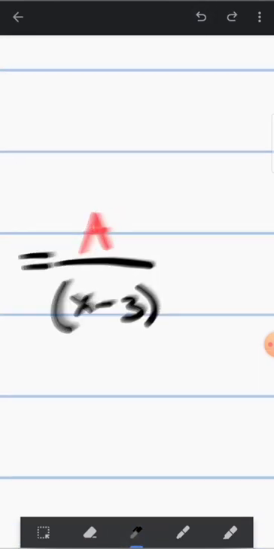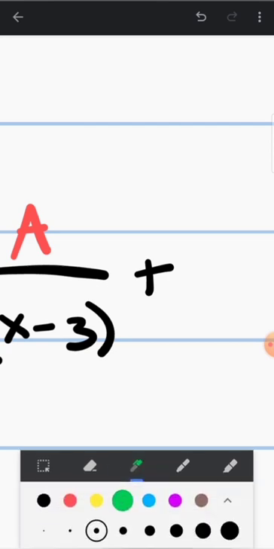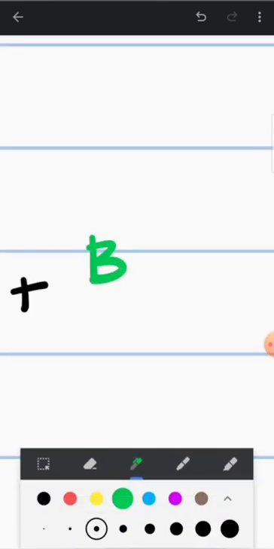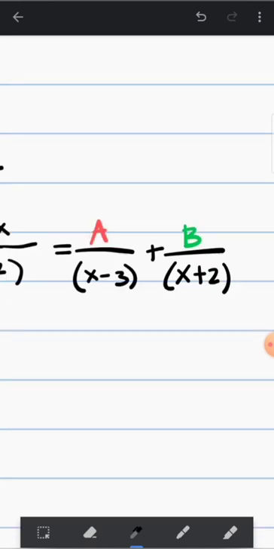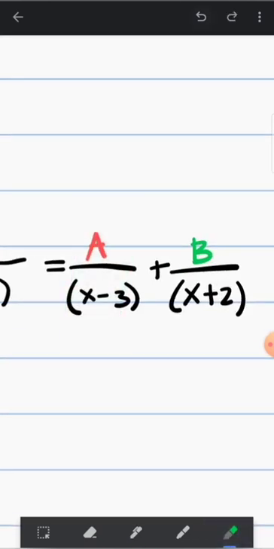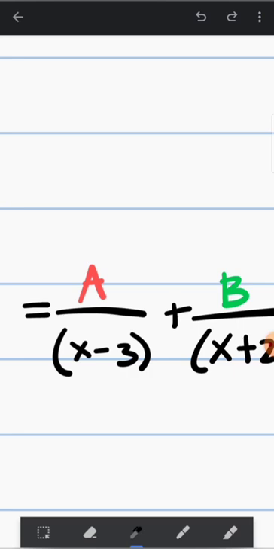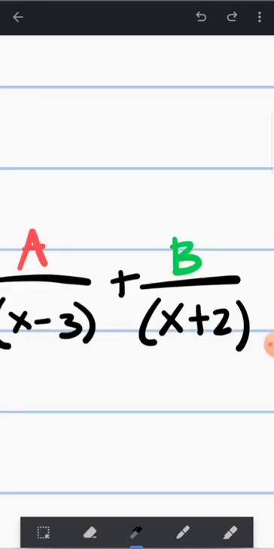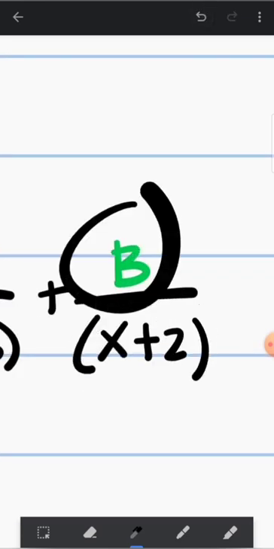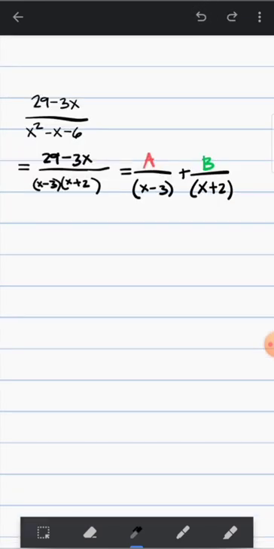So x minus 3, and then plus another constant b over x plus 2. So notice that this term still follows the lesser degree over higher degree condition. So here x minus 3 is linear and a is a constant. x plus 2 is linear and b is a constant. So we're okay with that.